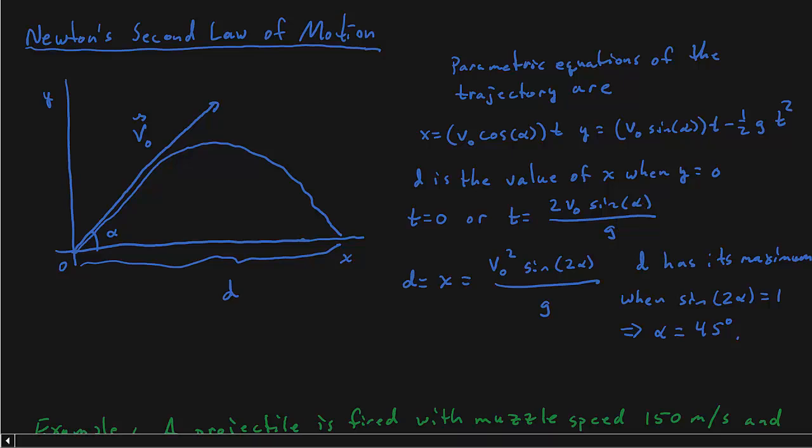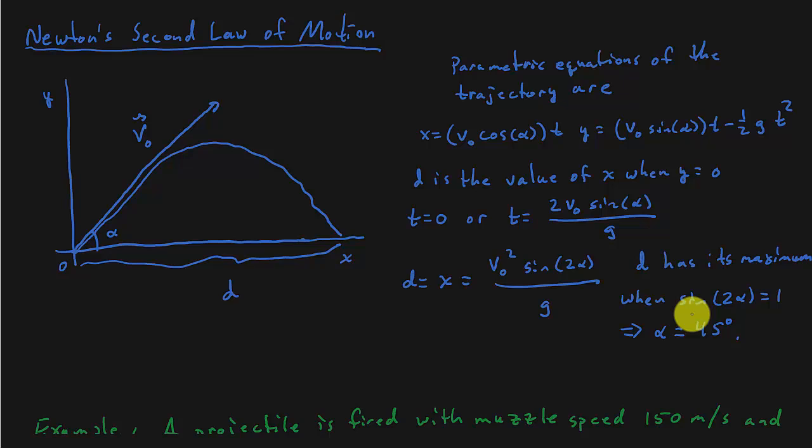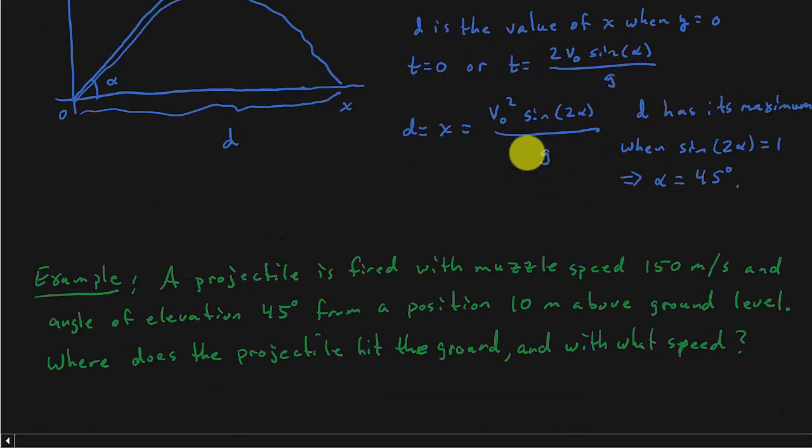This came from setting y equal to 0 and solving for t. And then d is equal to x, which is v0 squared times sine 2 alpha over g. And d has its maximum when sine 2 alpha is equal to 1, which means that alpha is equal to 45 degrees.